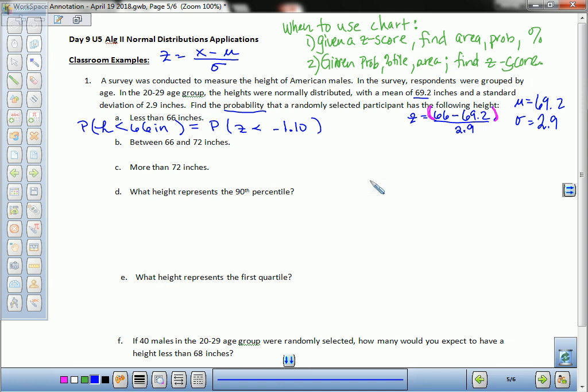Negative 1.10? It would be 0.1587. Oh, no. 0.1357, sorry. 0.1357. That's what I got. That's what I meant.